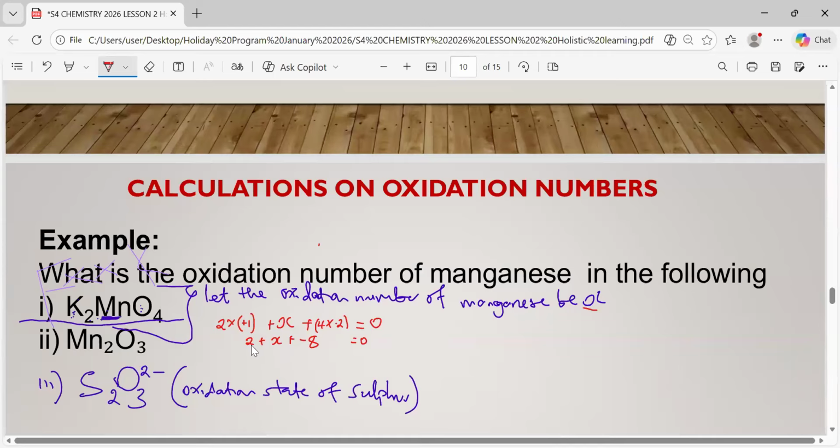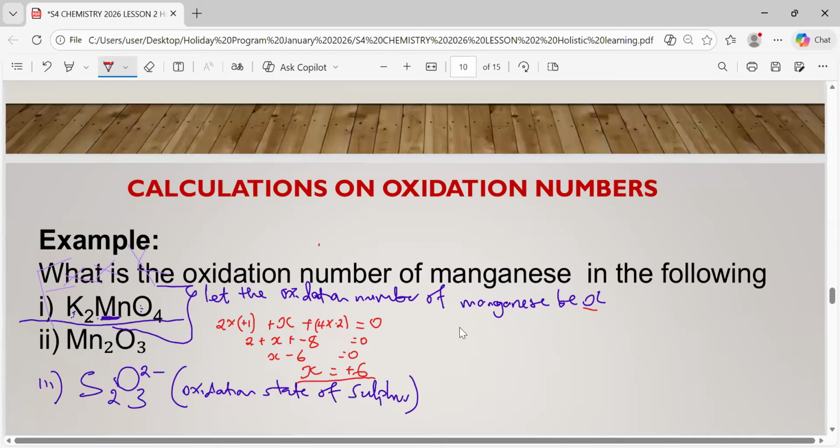Let's summarize. 2 plus -8 becomes -6. So this becomes X minus 6 equal to 0. Is it clear? Yes. So if we want the value of X, X will equal positive 6.